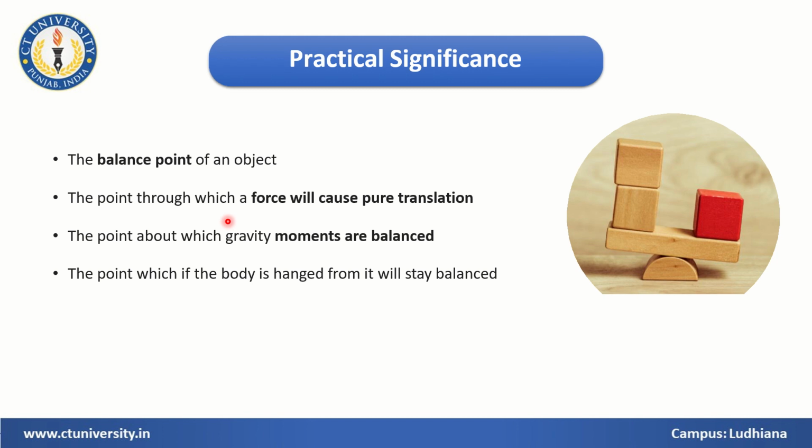Another thing is, if we are applying force at the center of gravity, right, it will cause pure translation. Pure translation means it will do the motion or displacement and produce pure acceleration, right? If we are putting some force away from the CG, it will cause some rotational moment or torque. So this point is again important, right? And the body will stay balanced when we are applying force on this center of gravity.